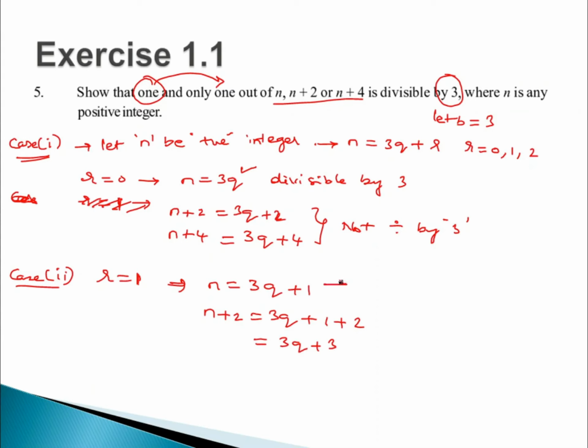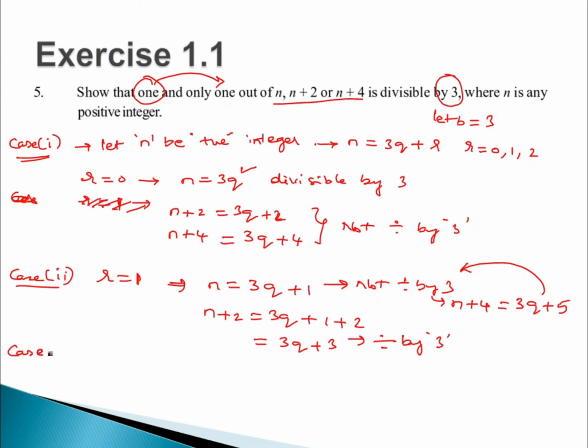See, n is not divisible by 3, but n plus 2 is divisible by 3. Similarly, you will be having the next situation also, that is n plus 4, whose resultant is n plus 5 form, which is not divisible by your 3.